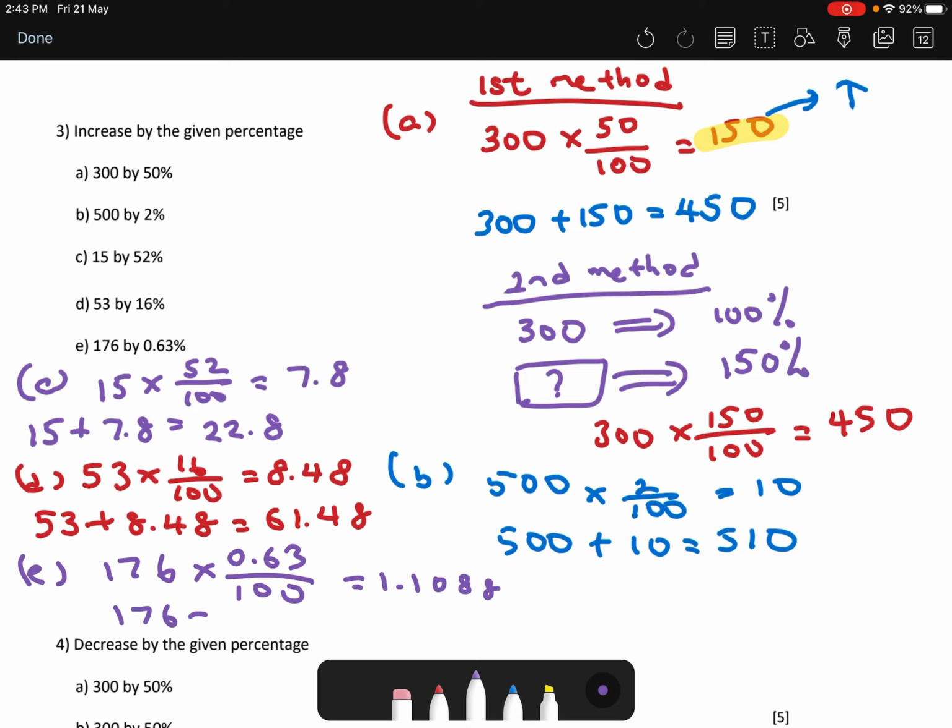So 176, you add with 1.1088. Okay, so you should get about 177.1088. Okay, so this is rather easy, right?